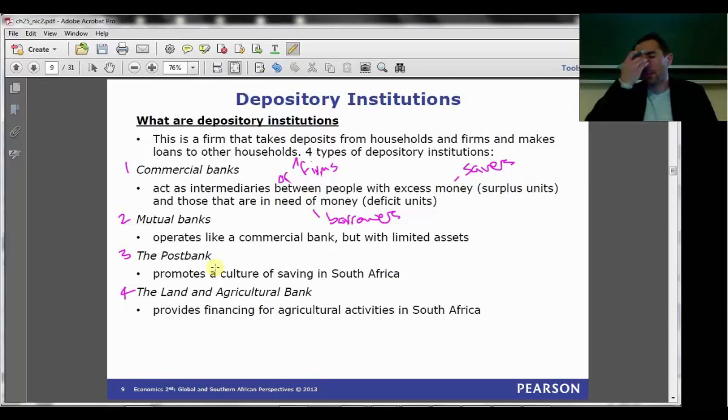I think it was kind of targeted at, let's say, lower working class during the national government apartheid era. And I don't really know who it services these days. Pensioners and stuff, could be.